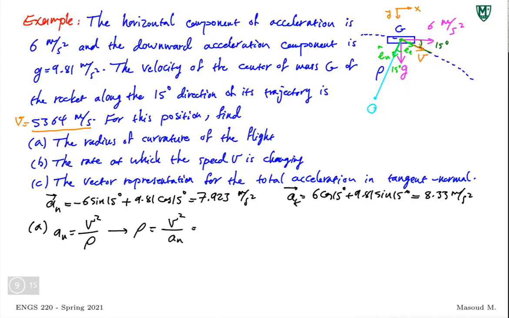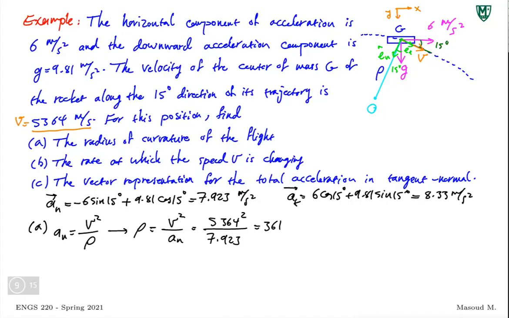V squared over a_n, well, v is 5364, squared, divided by a_n, which I found as 7.923. If you do this math, you will get 3631... actually it's larger than that.